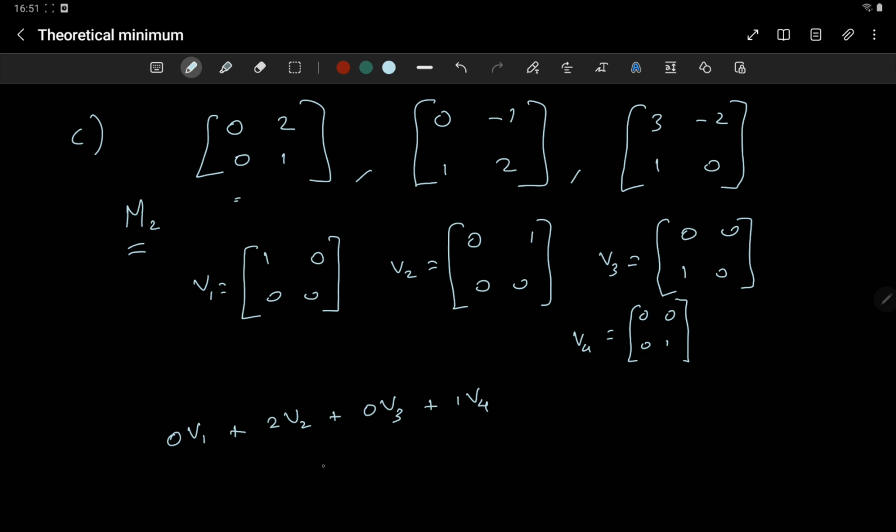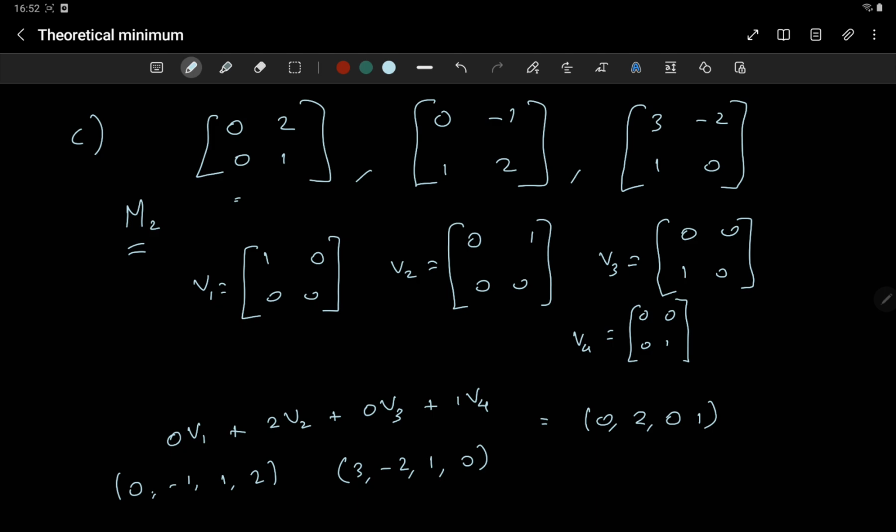Now as a coordinate vector, how can I write it? 0 2 0 1. Similarly, how do I write the second vector? 0 minus 1 1 2. And the third one? 3 minus 2 1 0.